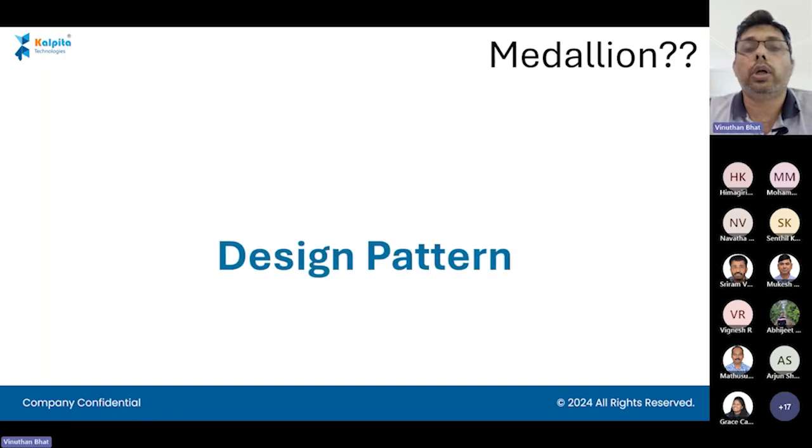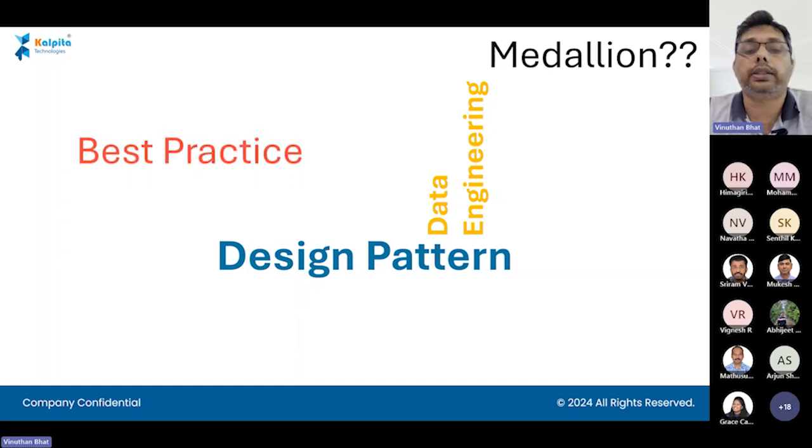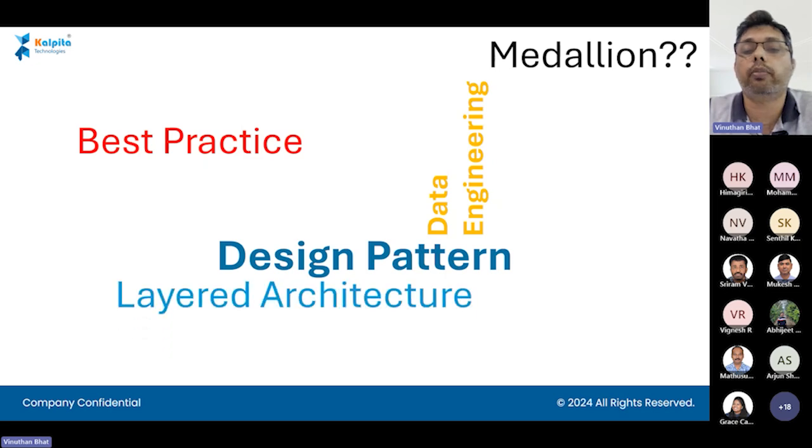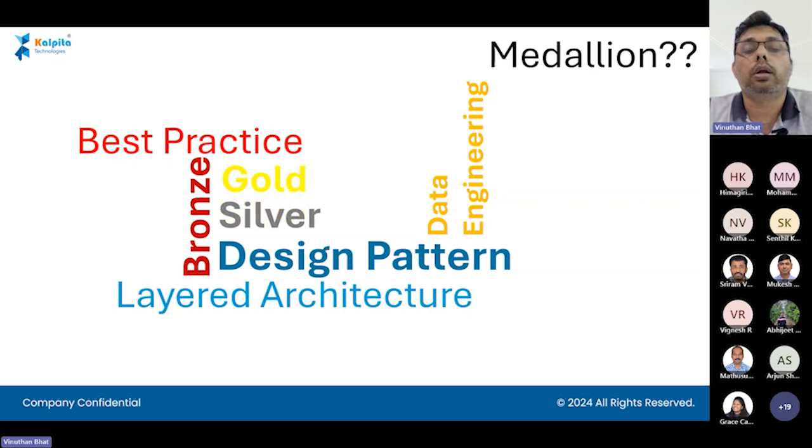So there are some common terminologies that you will listen to whenever we talk about medallion architecture. Among them, a few are design pattern, data engineering, best practice. Then we have layered architecture. Then we will commonly listen to the bronze, silver, and the gold.